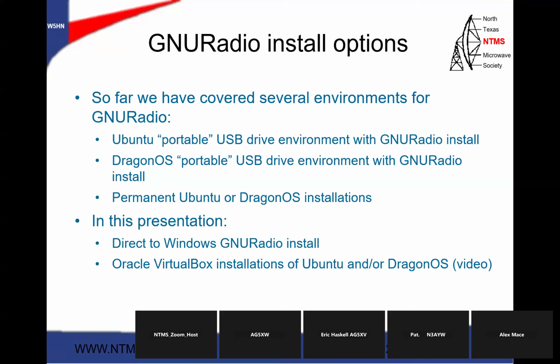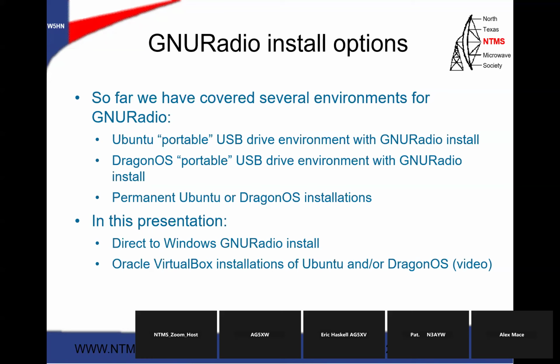So far, we've covered several environments. There's the Ubuntu portable USB drive environment. There's the Dragon OS with GNU Radio pre-installed. And then you could choose to do permanent installations.